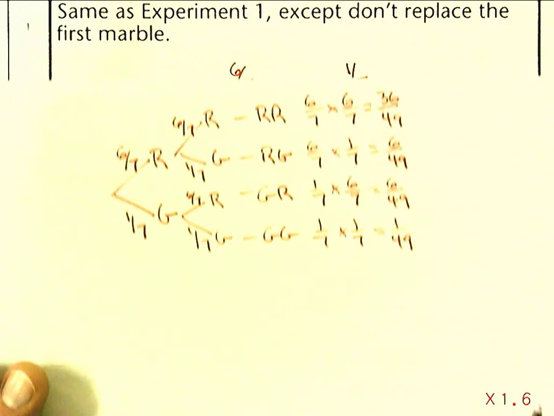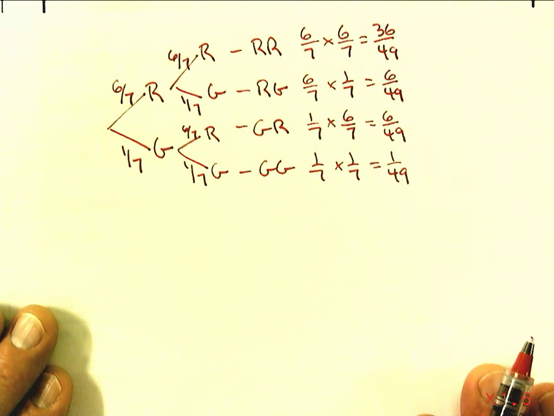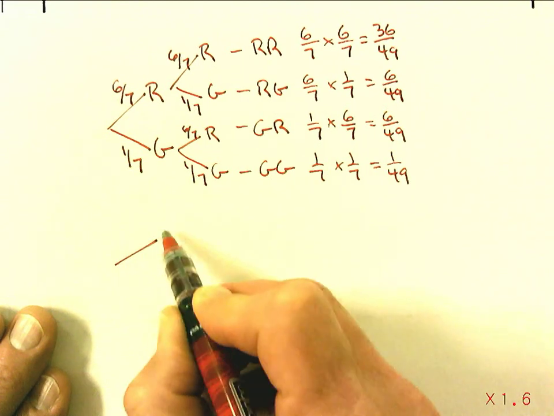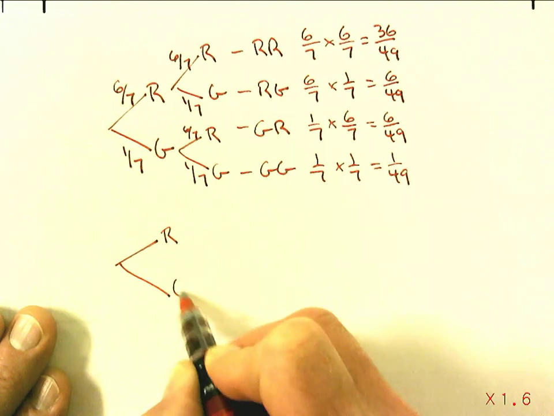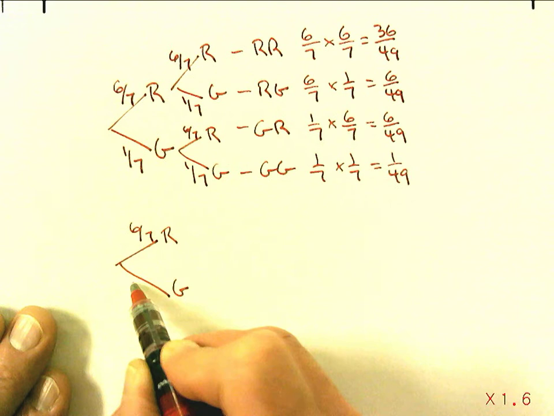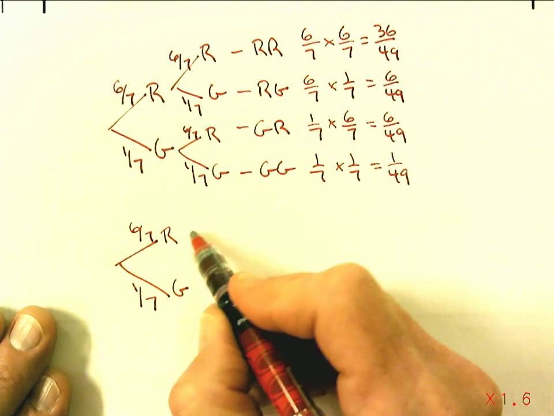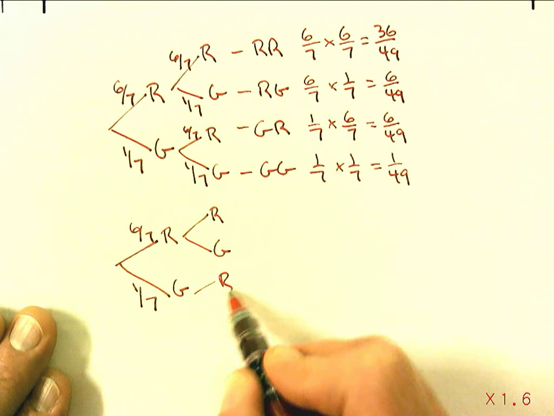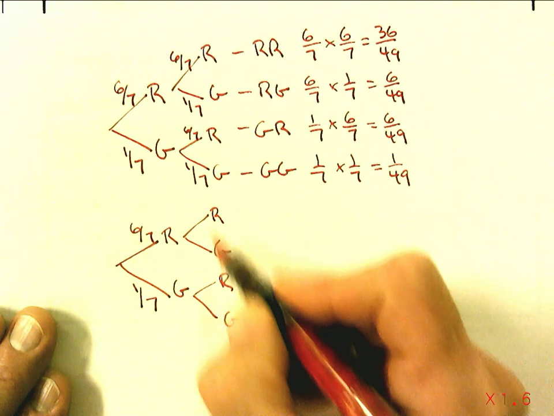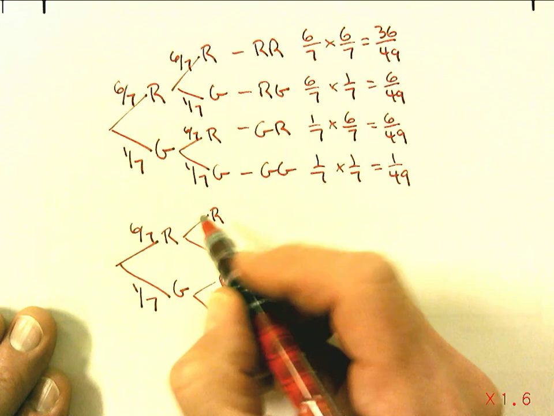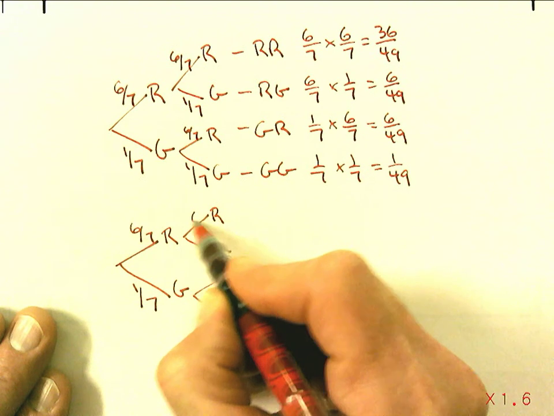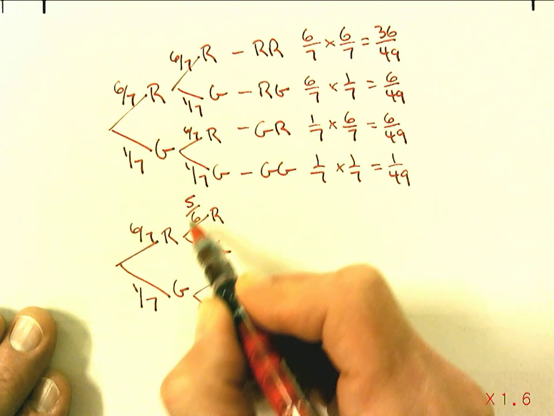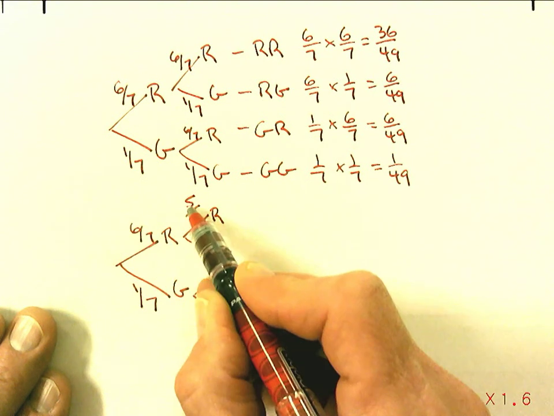Now I'm going to leave this one up so you can see directly what happens when we don't replace the marble. So if we have red, then green, 6/7, 1/7, and then red, then green, or red and green. Now, there's only going to be 6 marbles in the container on the second draw. And if we took out a red one, there's only going to be 5 reds left because there were 6, now there's 5.